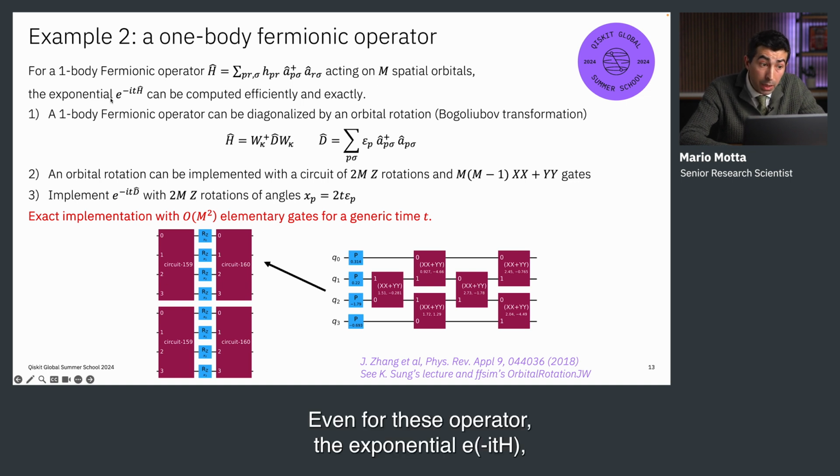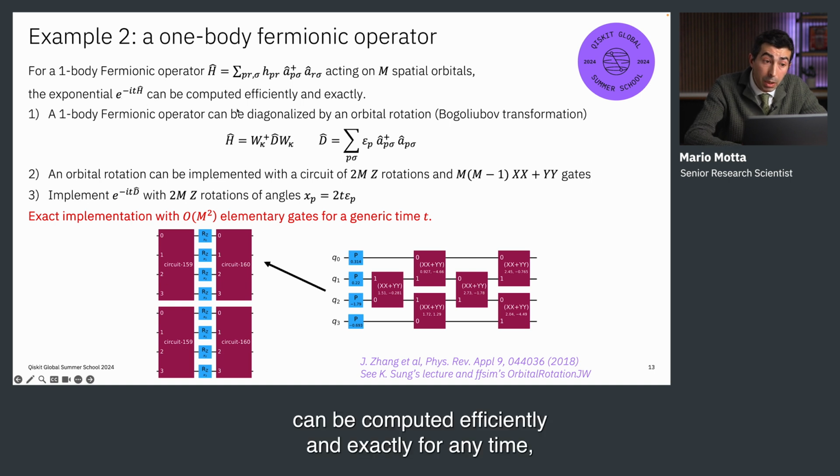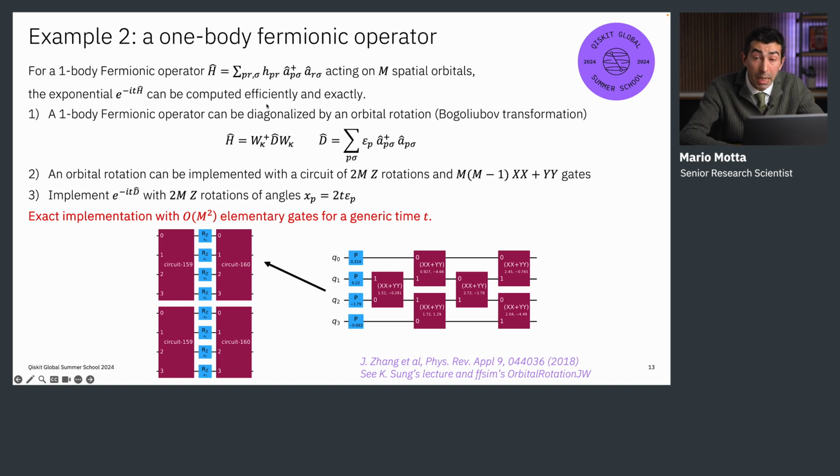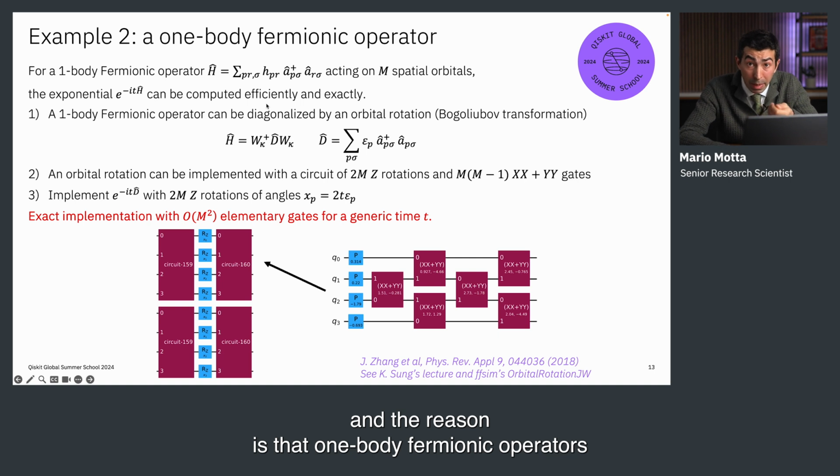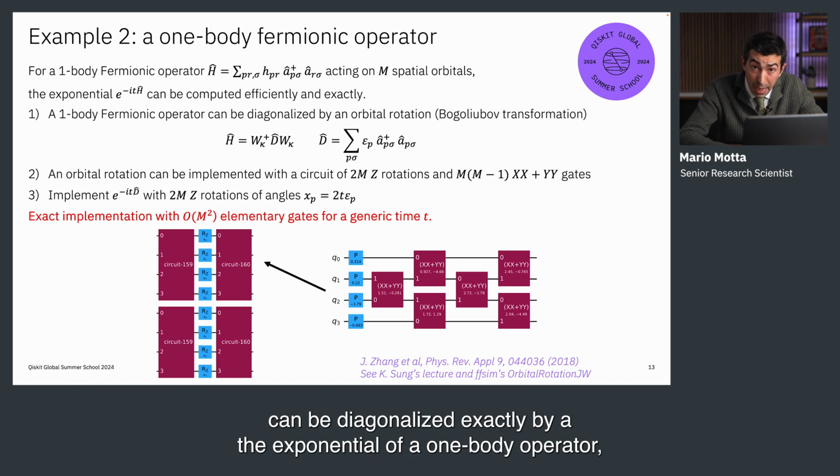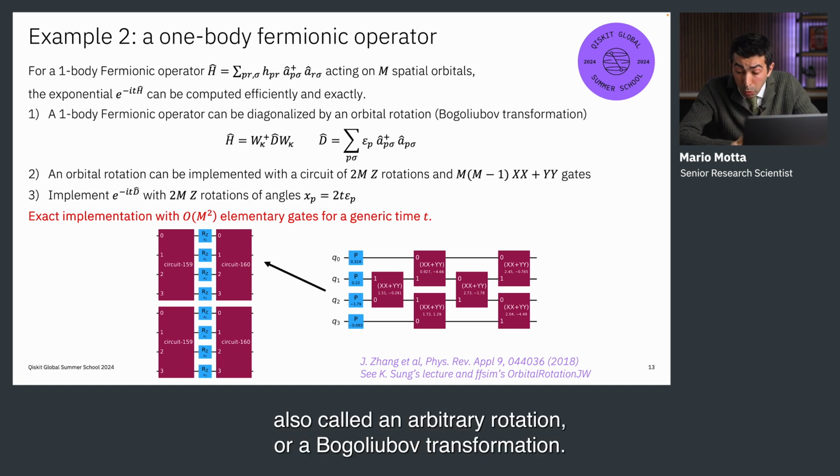Even for this operator, the exponential e to the minus iHt can be computed efficiently and exactly for any time. And the reason is that a one-body fermionic operator can be diagonalized exactly by the exponential of a one-body operator, an operation also called an orbital rotation or a Bogoliubov transformation.